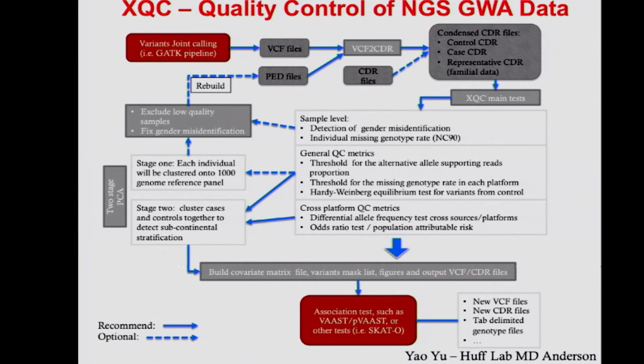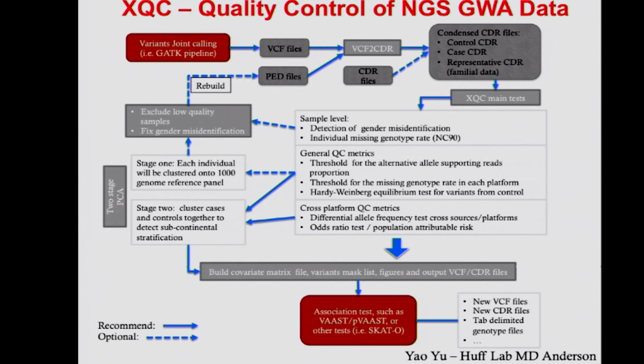But ultimately, after the PCAs, you get a covariance matrix file and a masking list for sites that are just too problematic to consider scoring and so forth. Then those outputs come out in VCF or CDR format, and you can put those into VAAST, pVAAST, or even other tools like SCADO that help you prioritize this space.